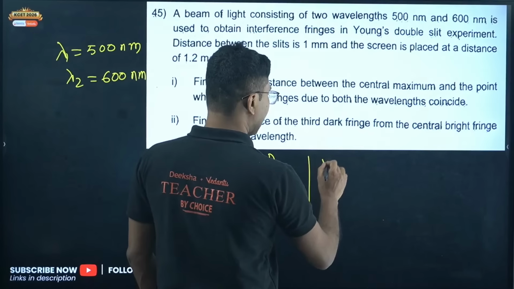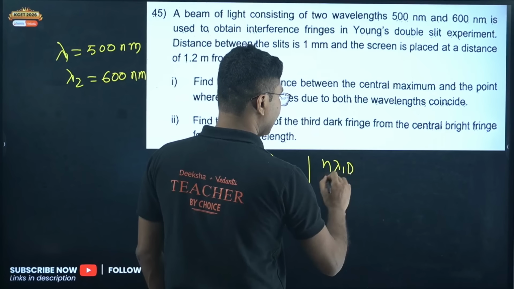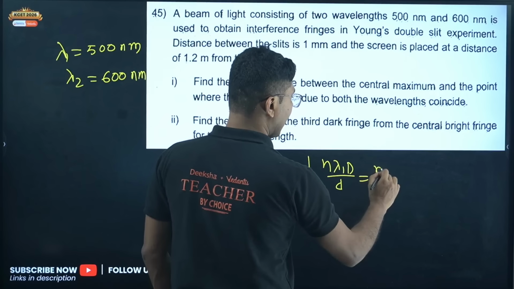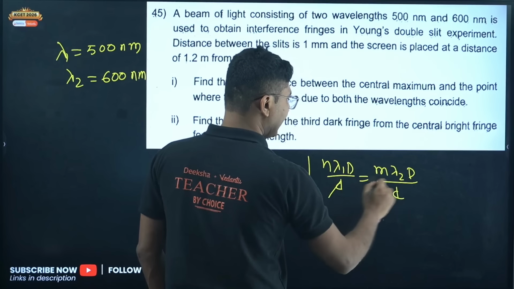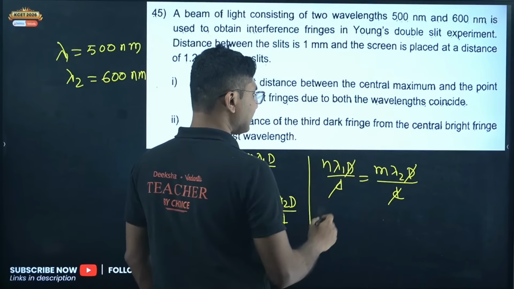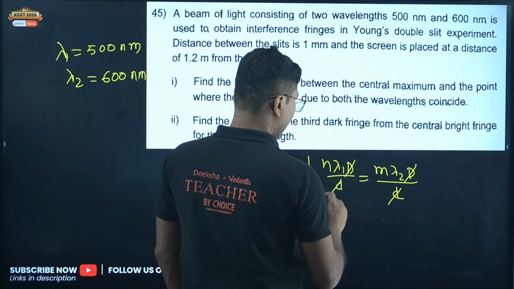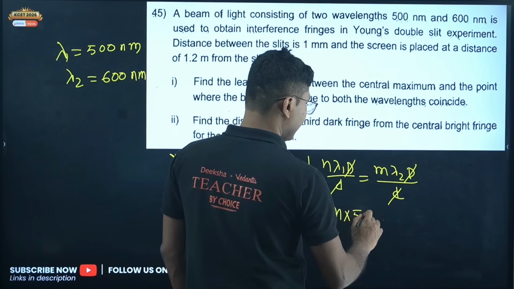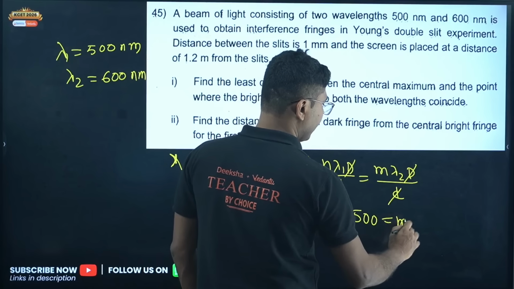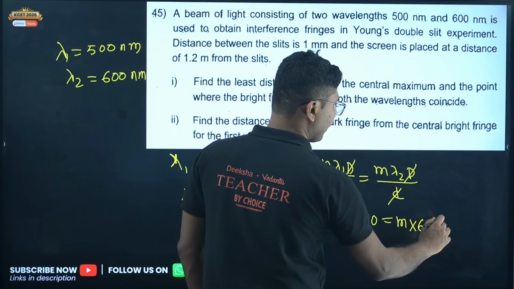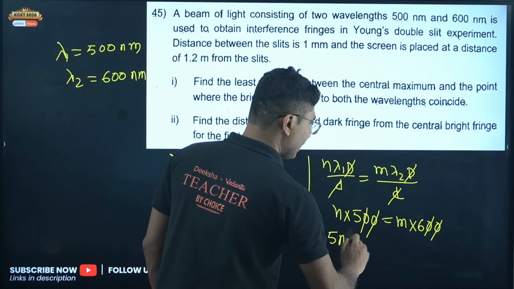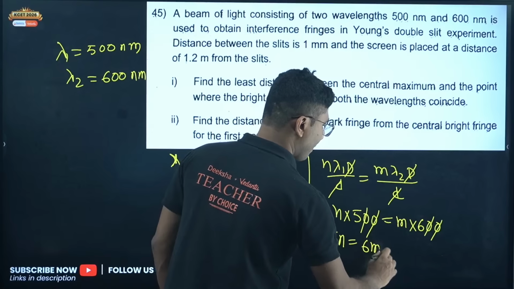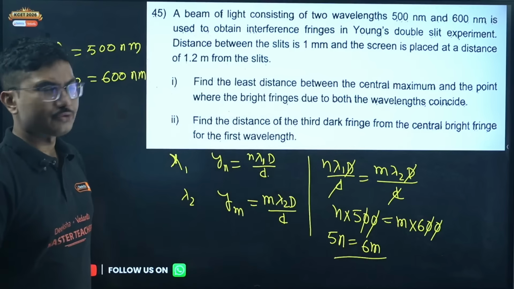So we can say that n lambda 1 D by d equals m lambda 2 D by d. Capital D cancels. We get n into 500 equals m into 600. Obviously nanometers cancel. So now you get 5n equals 6m.